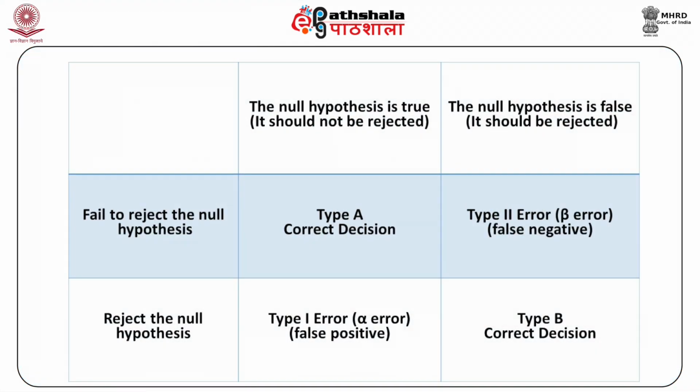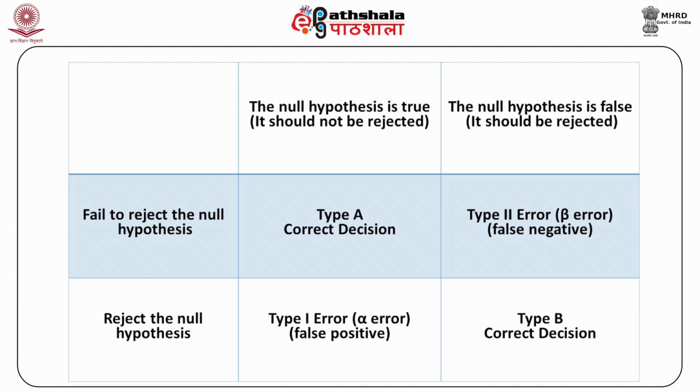These two types of error are explained diagrammatically also, and we can see that when we fail to reject the null hypothesis and the null hypothesis is true, it is actually a correct decision. But if we fail to reject the null hypothesis when the null hypothesis is false, then we commit a type 2 error or the beta error.